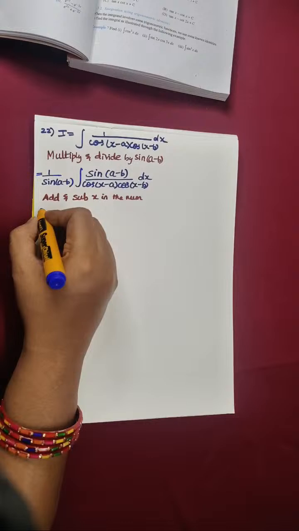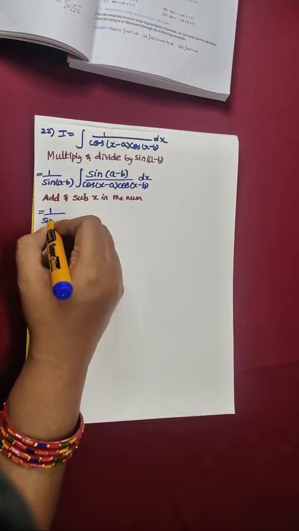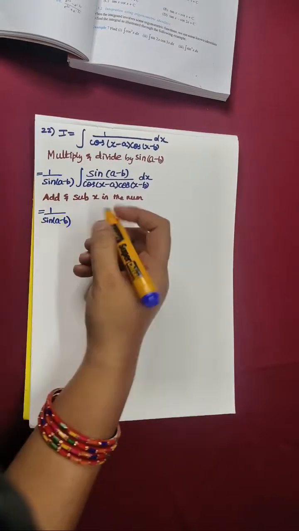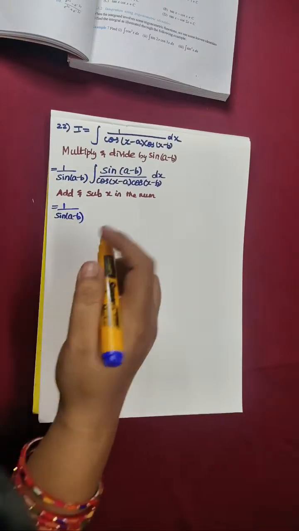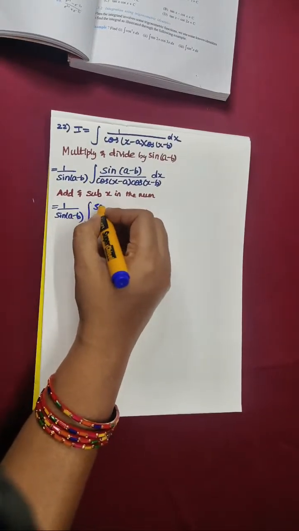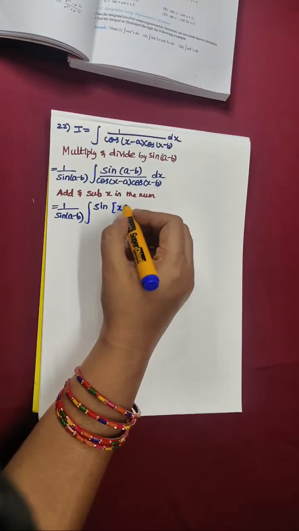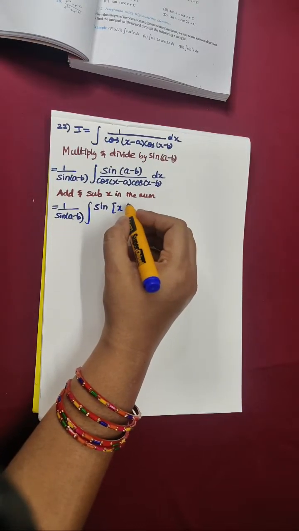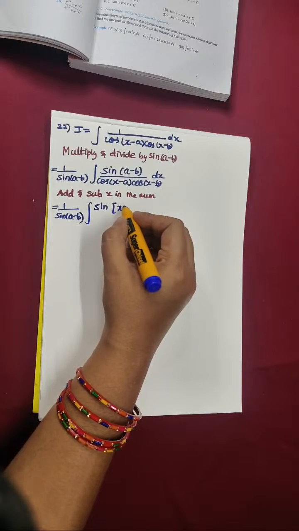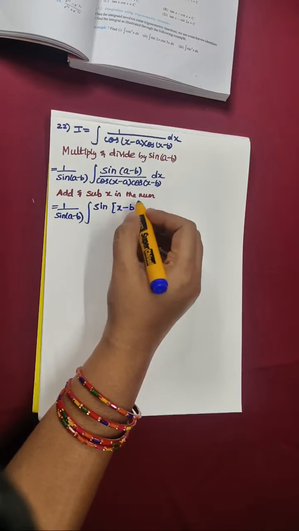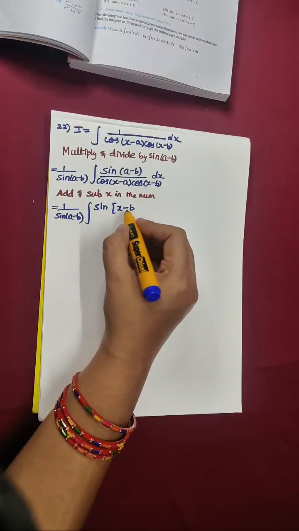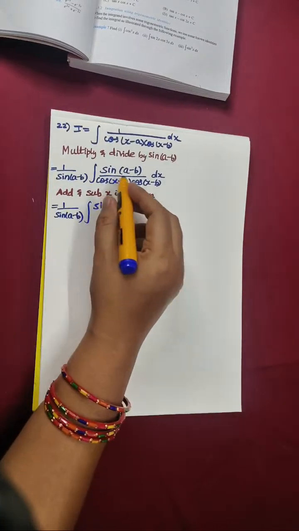Now this will become 1 by sine of a minus b into integral sine of x minus b, plus x, minus x, plus a.